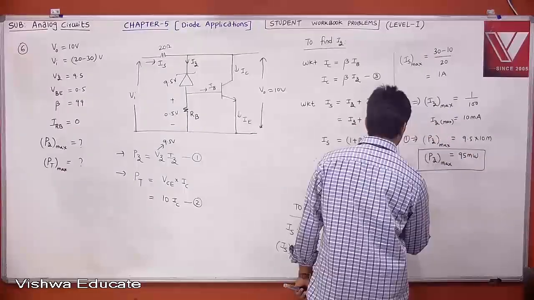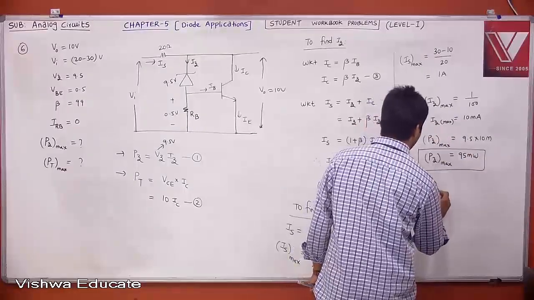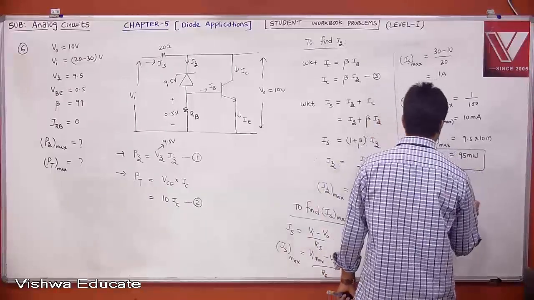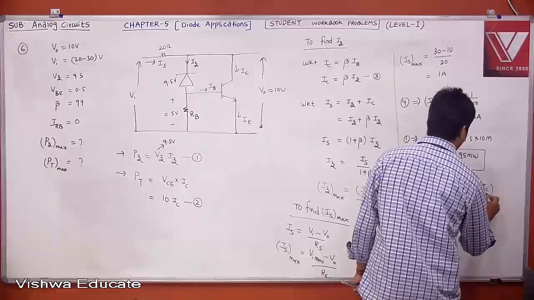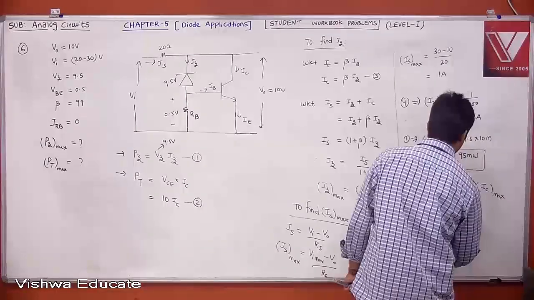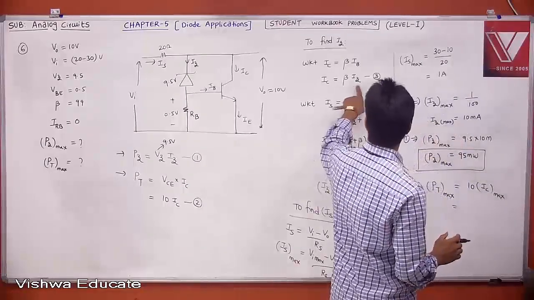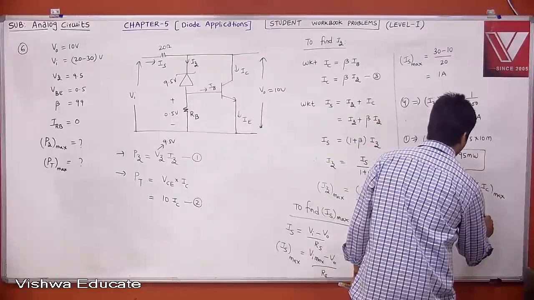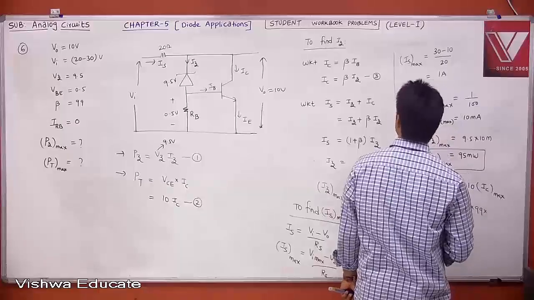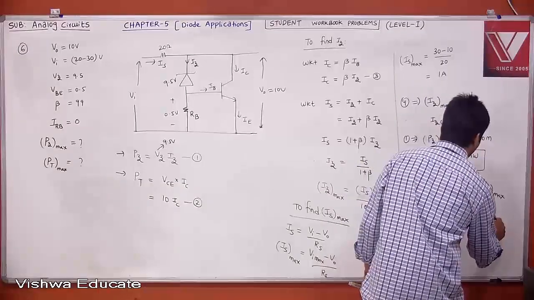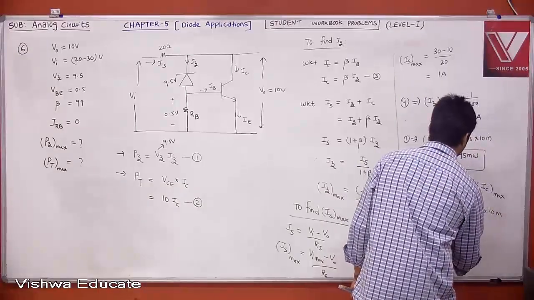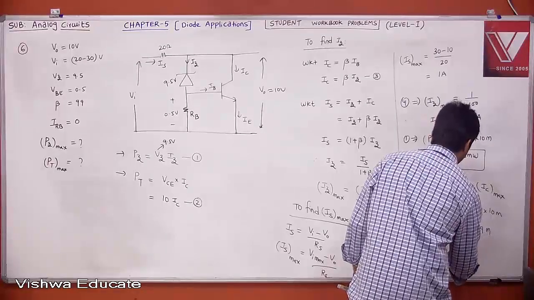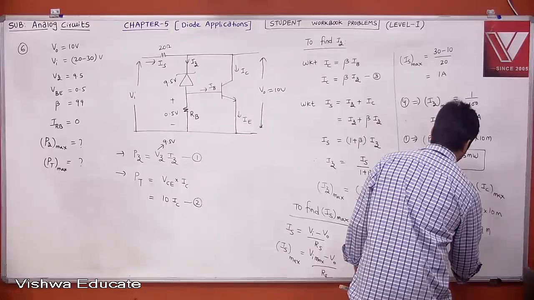Similarly, what is PT maximum? Power dissipation across the transistor is equal to 10 into IC maximum. What is IC? We already know it from equation 3. Therefore, 10 into beta, which is 99, into Iz maximum. Iz maximum is already known to you, 10 milli. Therefore, this is nothing but 100 into 99 milli, which is 9900, right?